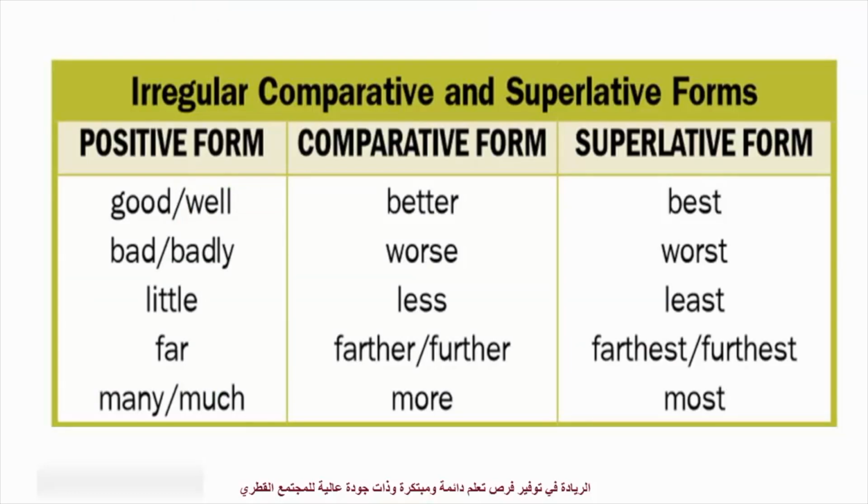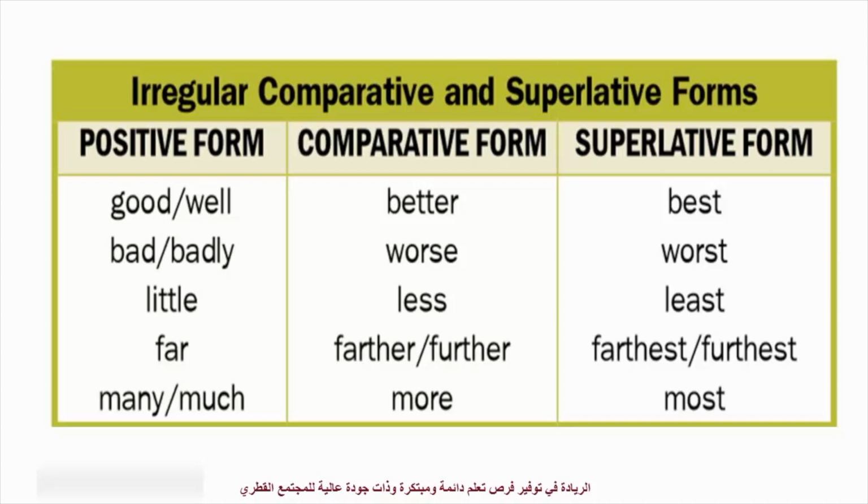Irregular comparative and superlative forms. In a few other cases, some adjectives and adverbs don't follow the rules that we've presented before. That's why we need to pay attention to those few adjectives and adverbs. To study them, take a look at the following table and notice that the adjective good and well becomes better in the comparative form and best in the superlative form.